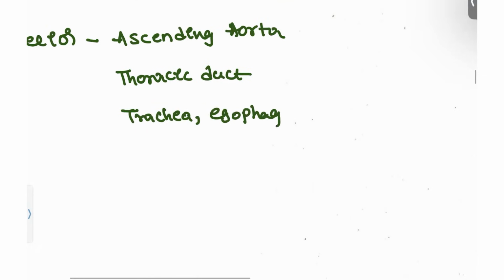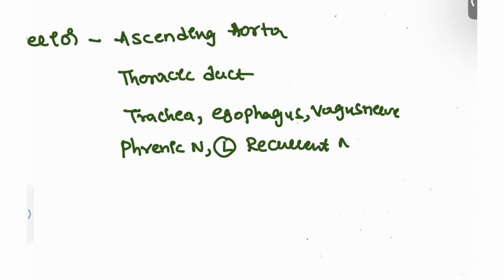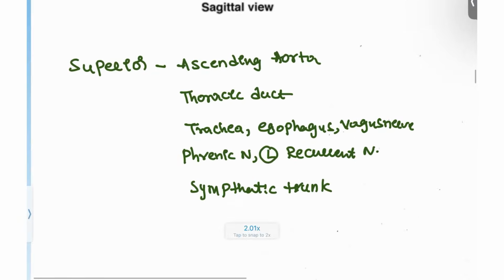Where there is the esophagus, you will also have the vagus nerve. Next, the phrenic nerve will be passing, and also the left recurrent laryngeal nerve, along with the sympathetic trunk. This is the superior mediastinum.